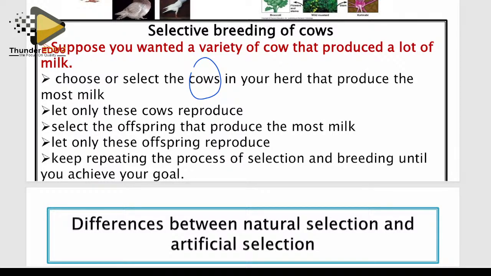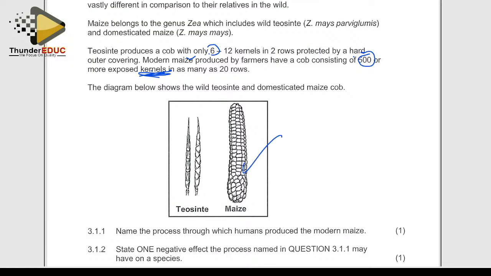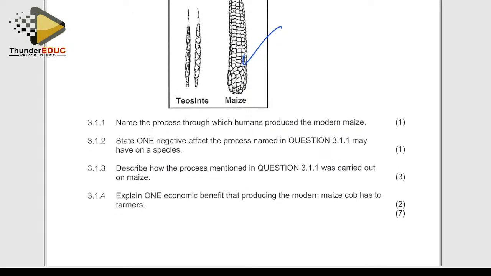And let only those offspring reproduce, meaning those maize which have more maize on the cob are the ones allowed to reproduce. You do cross-pollination, or you allow those ones to pollinate each other. And then you keep repeating this until this big maize is obtained. This is not just one day, it's about many generations. So describe how this product is obtained.